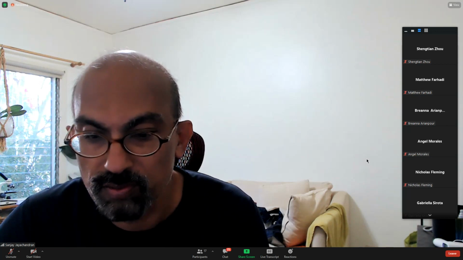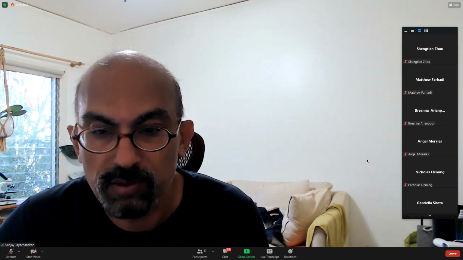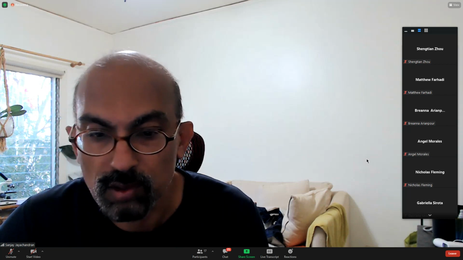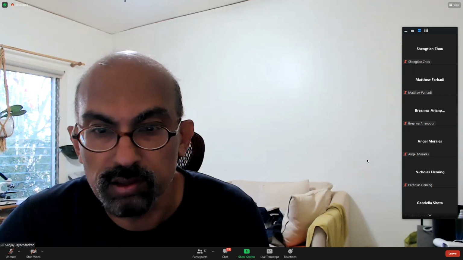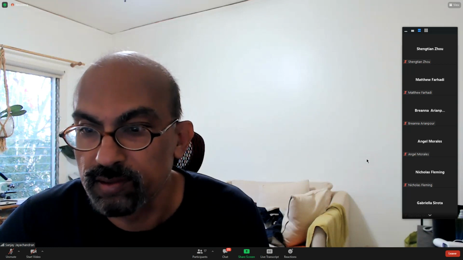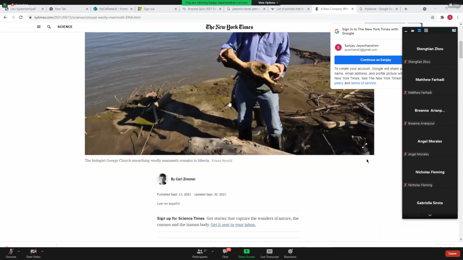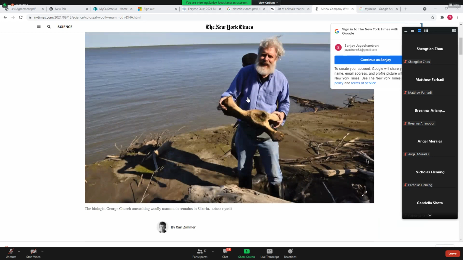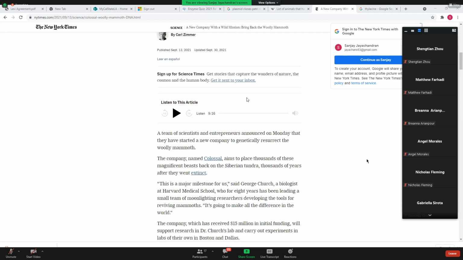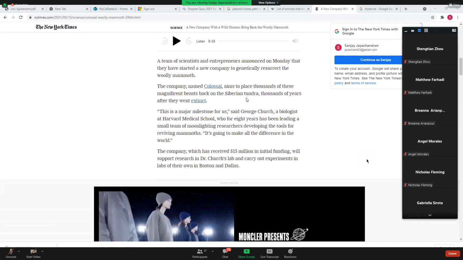So there's a company called Colossal, which just got $15 million in funding. This is George Church, a very famous biologist. What they're going to do is use mammoth DNA, and any part that's missing, they can also edit elephant DNA into mammoth DNA.